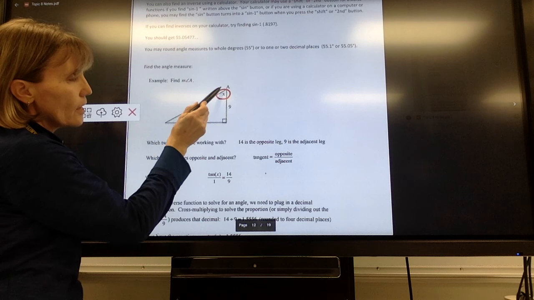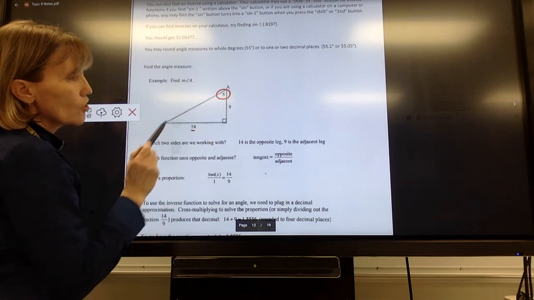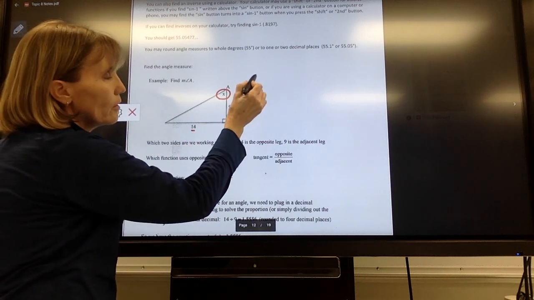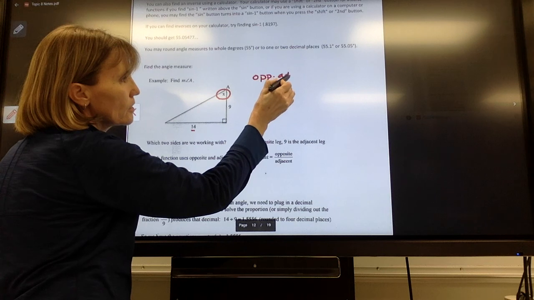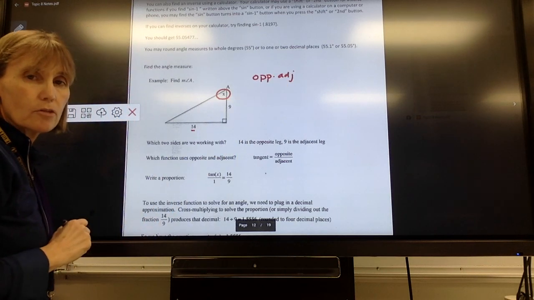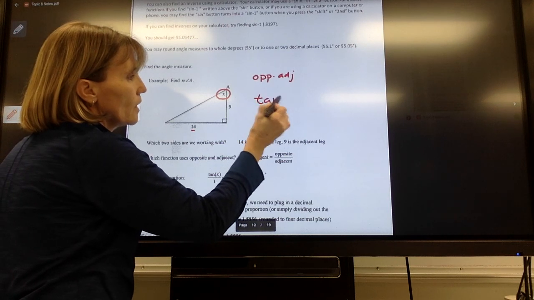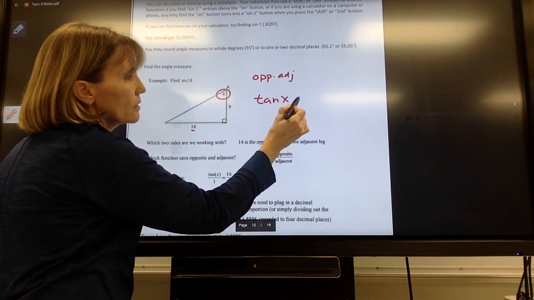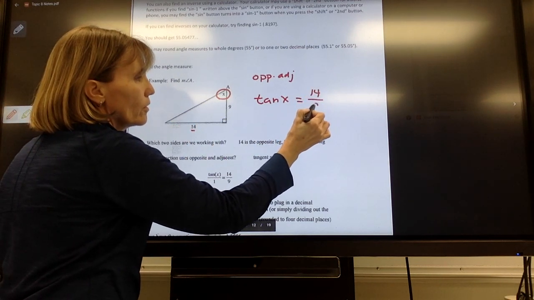From this angle A, I have the opposite leg and I have the adjacent leg. So which function deals with opposite and adjacent? Which trig function? Hopefully you said the tangent. So this would be the tangent of the angle x equals the opposite, 14, over the adjacent leg.